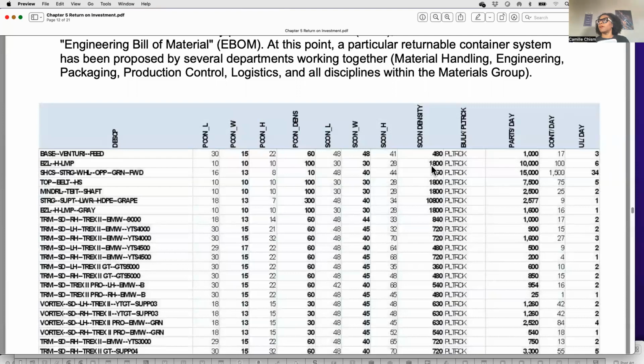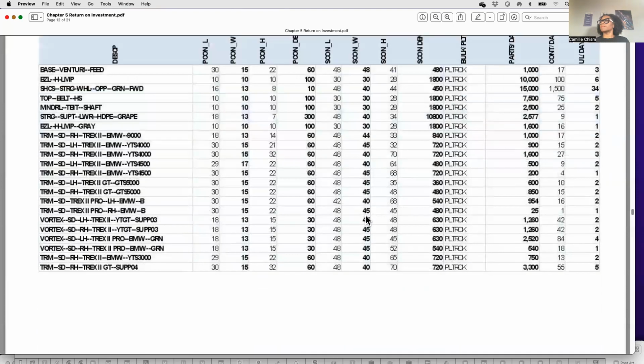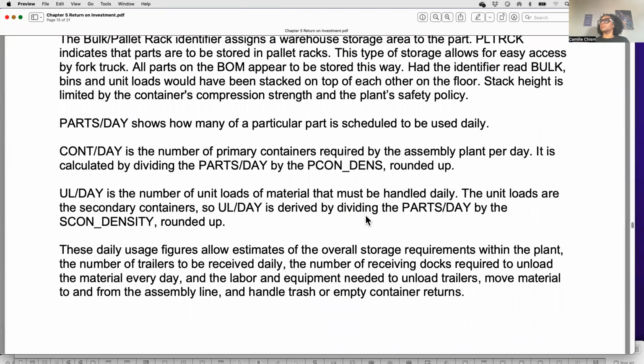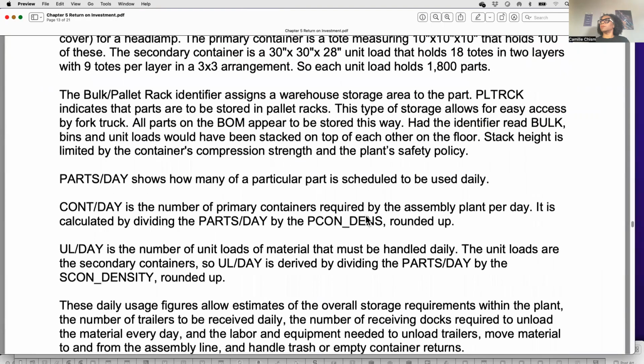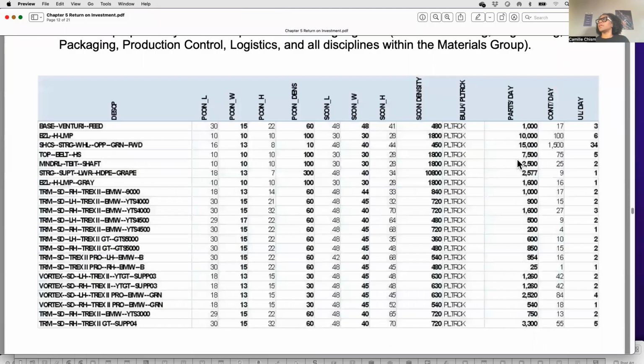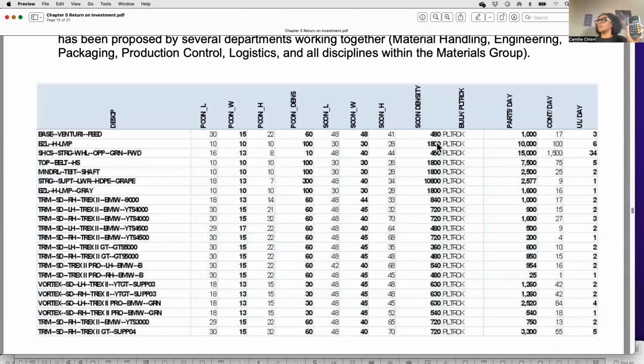And then you divide that by your, let's see, make sure I have this right. Number of parts per day. Okay, so we're taking the 1,800 and then dividing it by your parts per day.